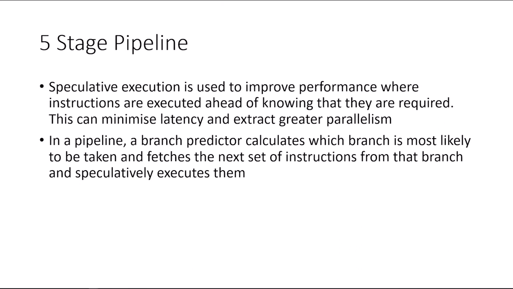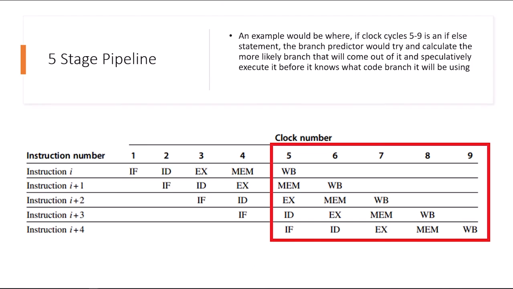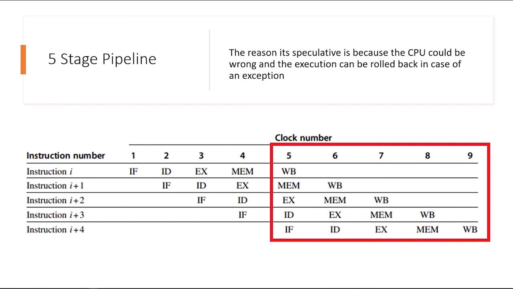So let's say clocks 5 to 9 is an if statement. The branch predictor will try and predict which branch is most likely to be picked from the if statement, and it will execute that one beforehand, and it has a high prediction rate anyway, so if it's picked, it's executed quicker because it's stored in a reorder buffer. It's speculative because the CPU could be wrong and execution can be rolled back in the case of an exception.